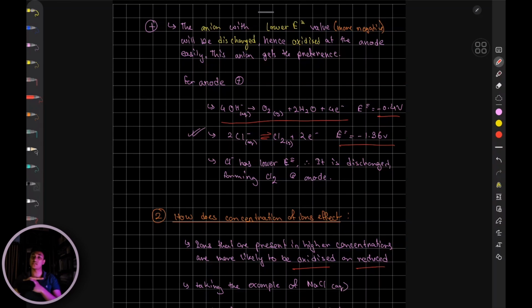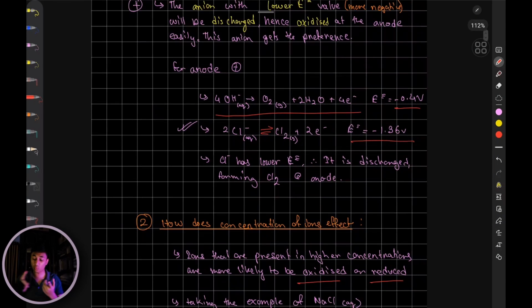It is a two-way reaction. So while some of the chloride ions are going to be discharged, some of the chlorine molecules are also going to break down into chloride ions, right? It's going to gain electrons. So it is actually an equilibrium. Now, this equilibrium between the chloride ions and chlorine gas results in this electrode potential.